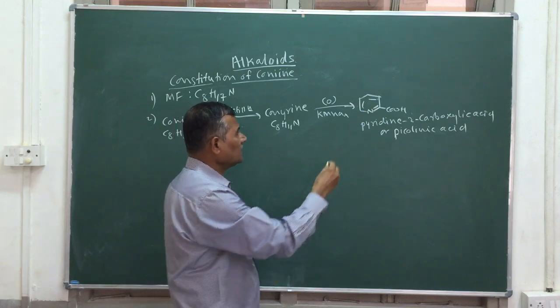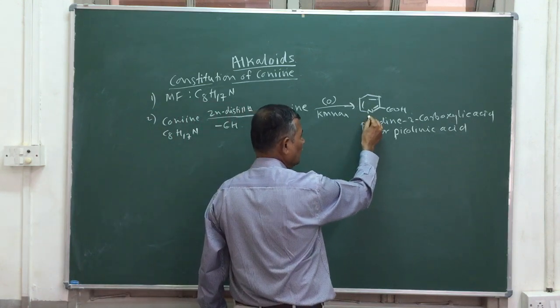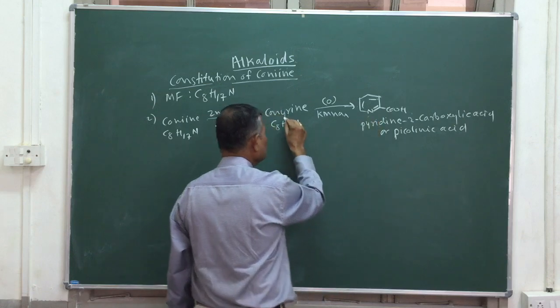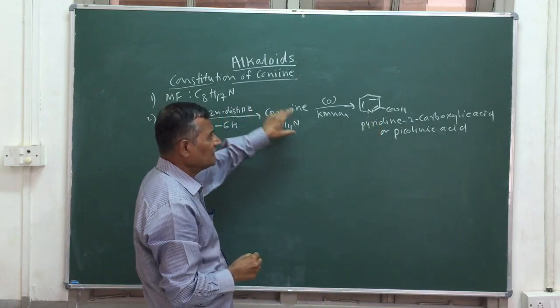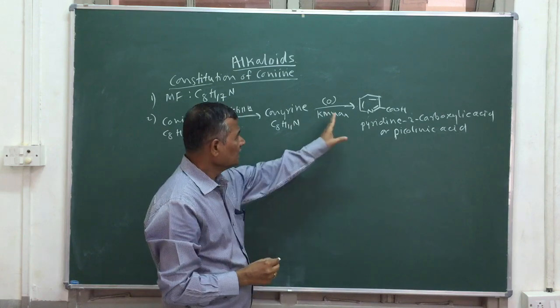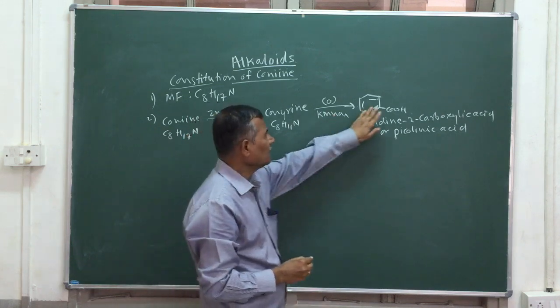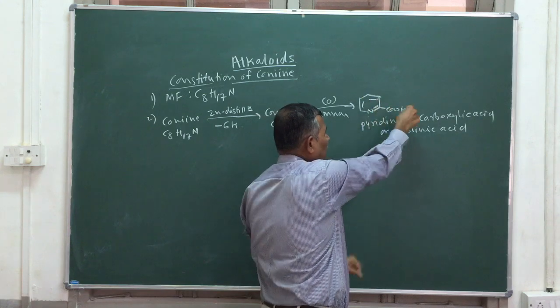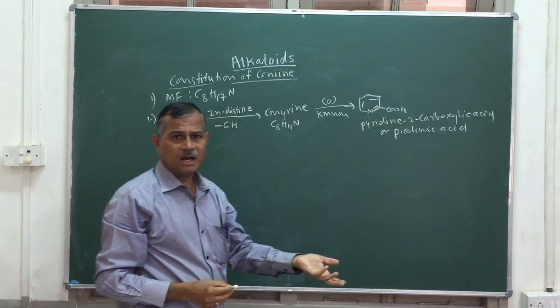As we have got pyridine 2 carboxylic acid, its formation indicates that definitely this conyrine also contains the pyridine nucleus with a side chain at the second position, because in the process of oxidation the ring will not open. Only the side chain is going to be oxidized.